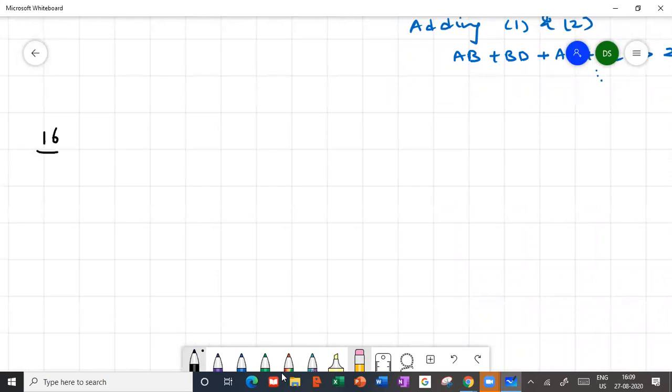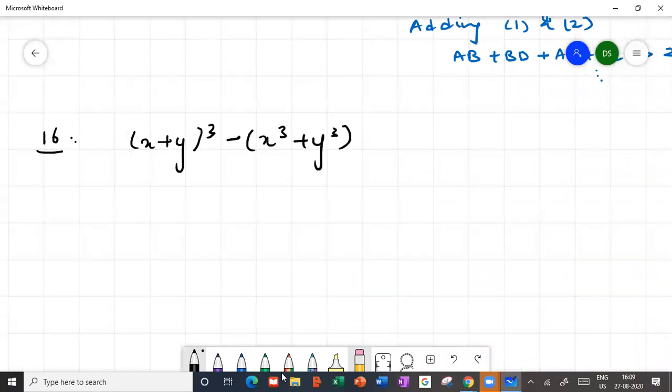Okay, this might be crazy, but let's try it. (x plus y) cube minus (x cube plus y cube). Okay, if I'm saying this, I can consider this entire thing as B. No, I can't actually. No, we tried that, ma'am. That is also not common.